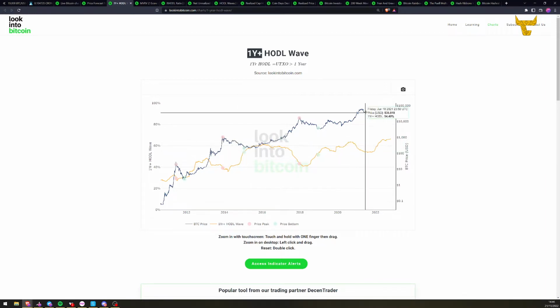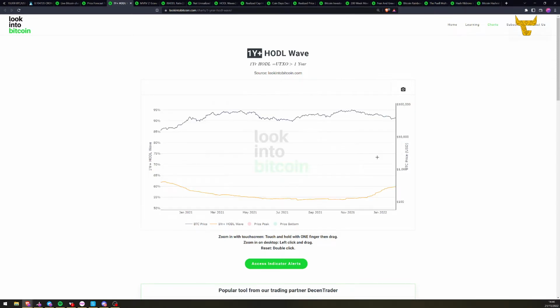Here it really shows how the coins have been sitting during all this period from early 2021 to mid 2021. So during all this downtrend as well, the first leg down.